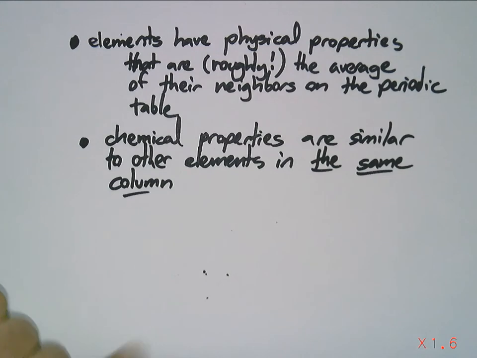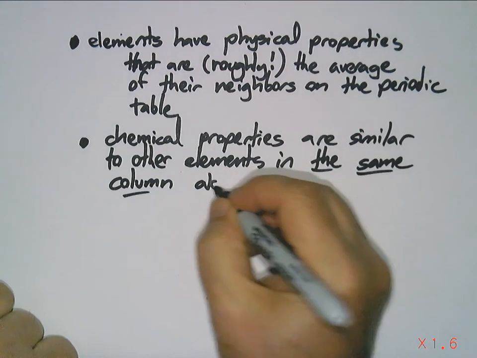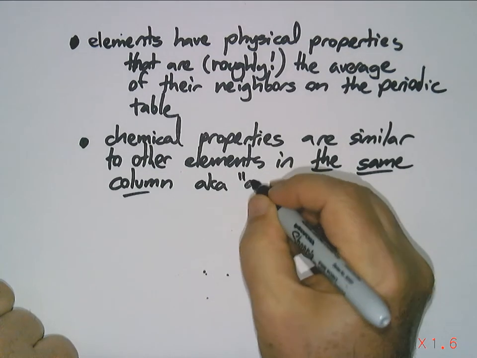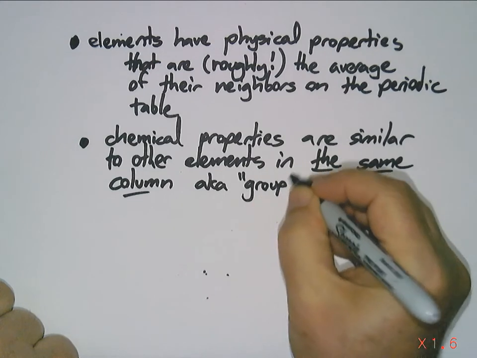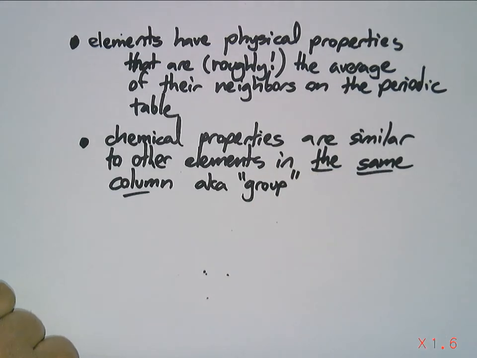Now, the same column is sometimes called the group. So a thing will chemically resemble things that are in the same group. And in fact, these chemical properties vary in a very regular way.